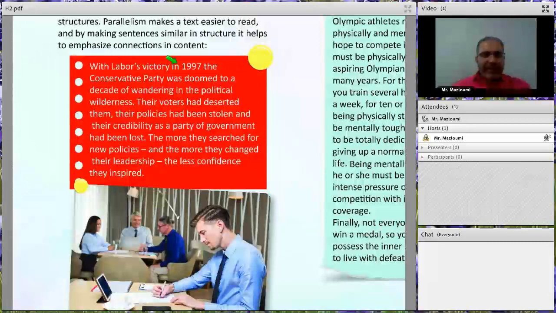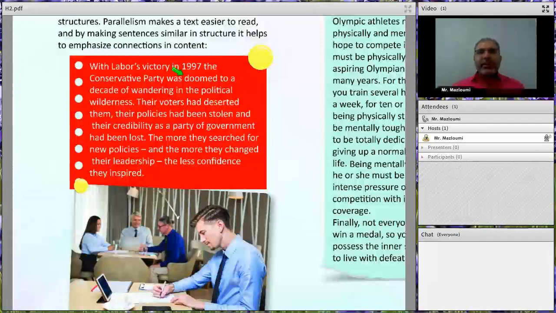So, what happened in 1997? In 1997, in the UK, the Labour Party won the elections. Alright? So, they were in power. So, when this happened, the Conservative Party was doomed to a decade of wandering in the political wilderness. Remember, doomed to something?